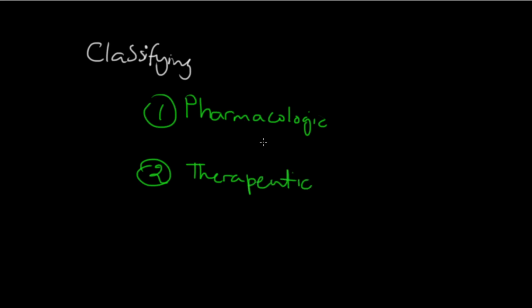An example of pharmacologic classes would be beta blockers. This is a drug class based on the pharmacologic function of the drug, so they are grouped together based on how they function. The second type is therapeutic.